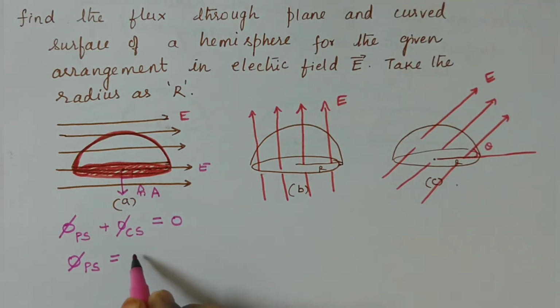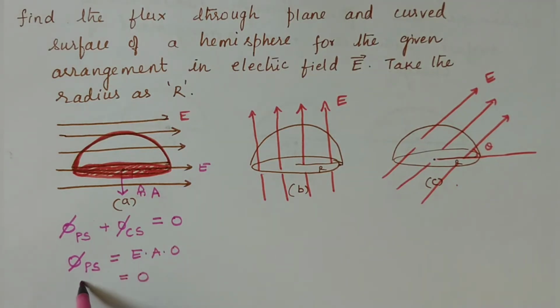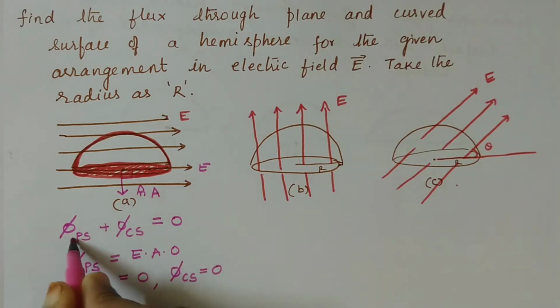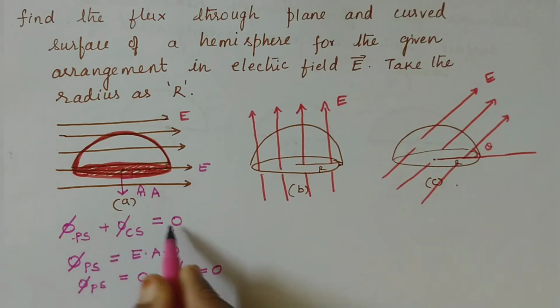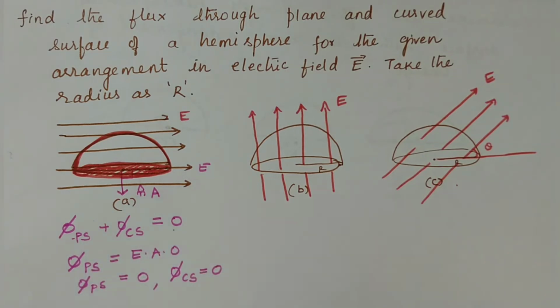Angle is 90. So flux is E into A into cos 90, that is 0. So flux through plane surface is 0. Since flux through plane surface is 0, flux through curved surface would also become 0, because sum should be 0. If one of them is 0, the other one automatically becomes 0.